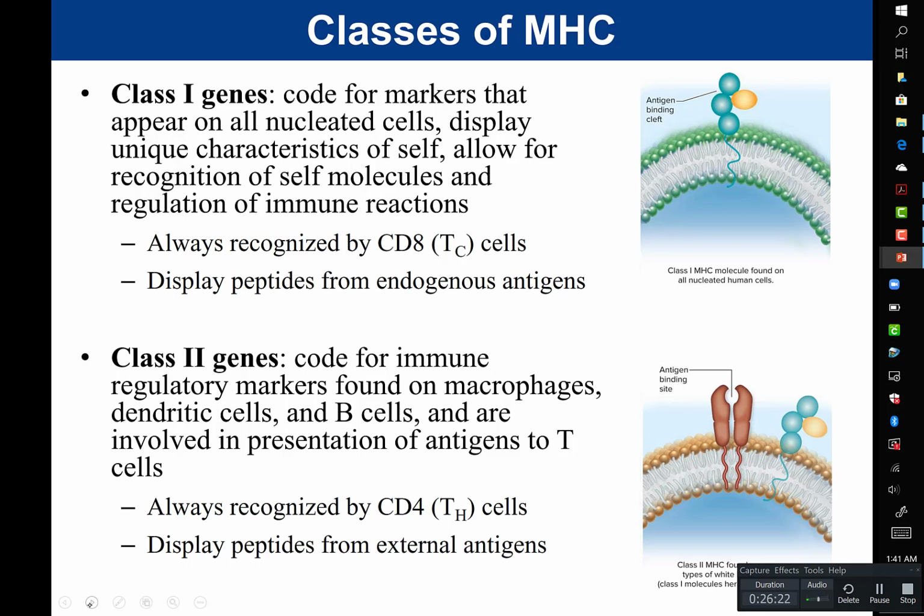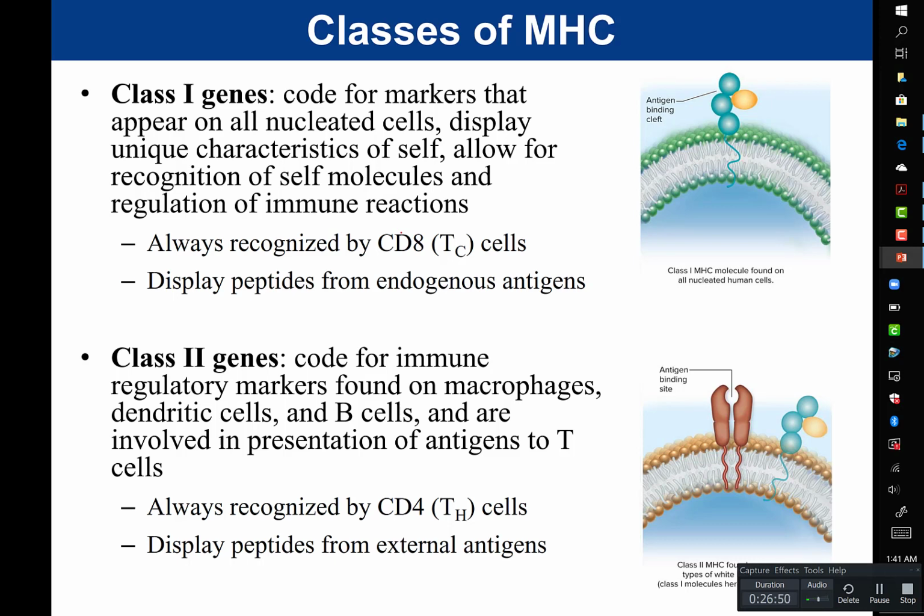And that MHC1 is going to be recognized by a molecule called CD8, and CD8 is found on cytotoxic T cells, so TC cells. And so if an antigen is displayed on MHC1, again, it tells the immune system, I'm infected, myself, I'm infected, destroy me.